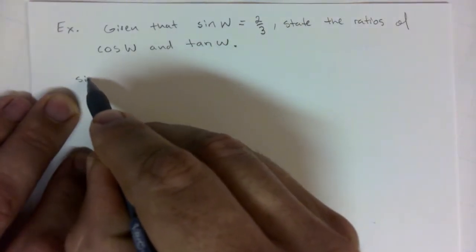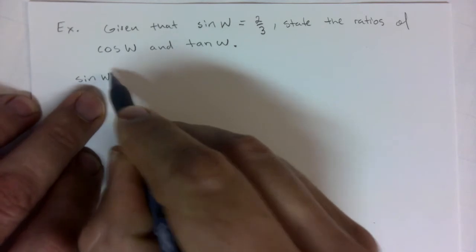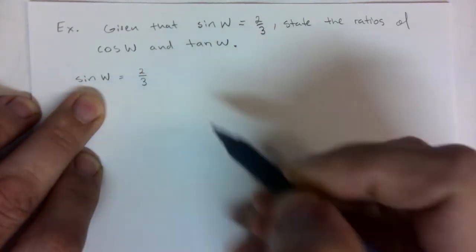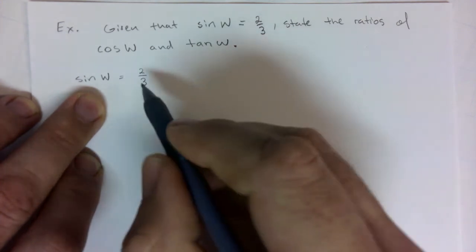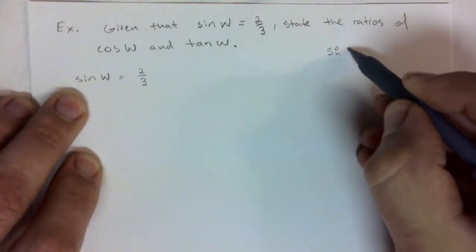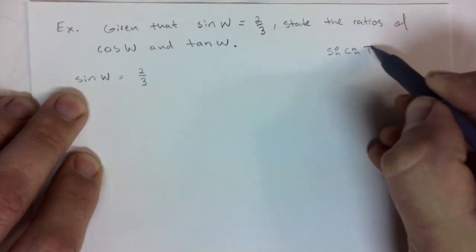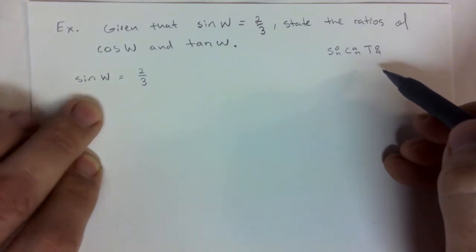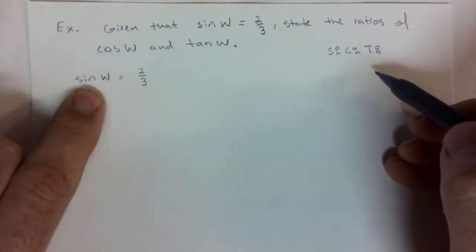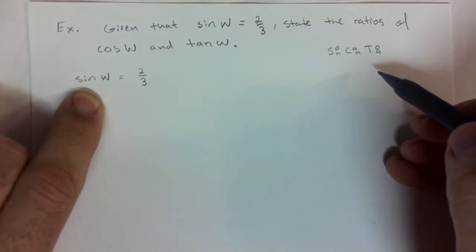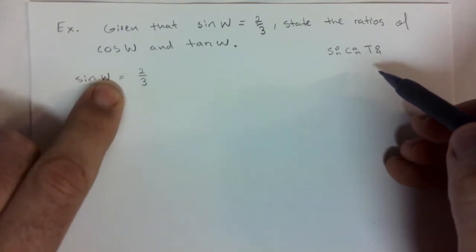Okay, so sine of w, if you start with that and you know that it's 2/3, okay? If you recall SOH CAH TOA, right? This is always true. I could have started with cosine, I could have started with tangent. In this case, they just happened to start with sine. They gave you what sine of w was.